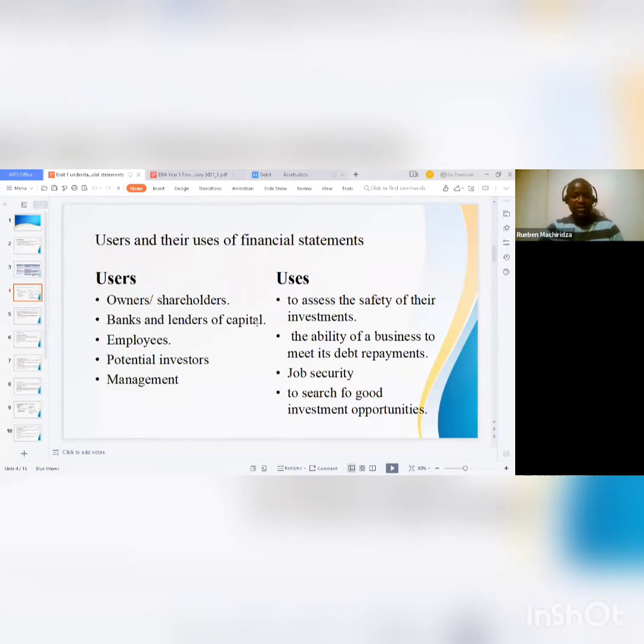And then we have potential investors, those people who want to invest in the company. So you notice that we have lenders of capital and potential investors. Both are bringing money to the company, but both are different. Lenders do not take interest in the company. They just lend us the money, we use it, and we pay them back.